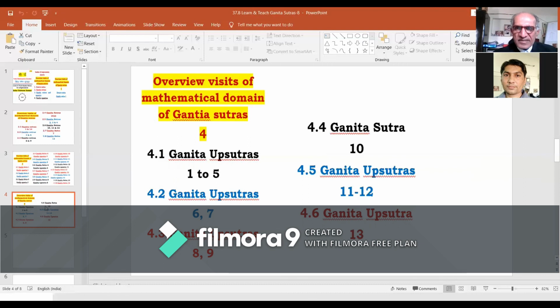In the coming sessions, first of all, we shall be having overview visits of these mathematical domains as per this organization reached at.